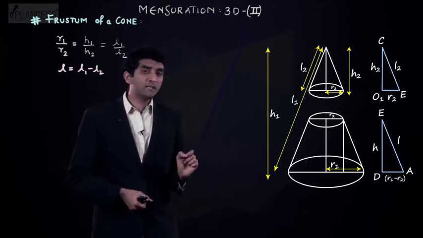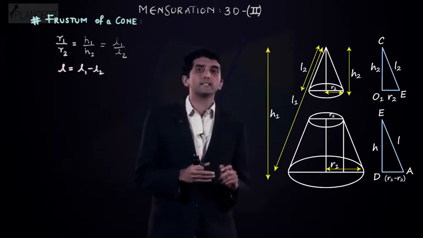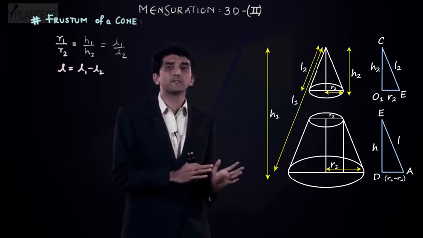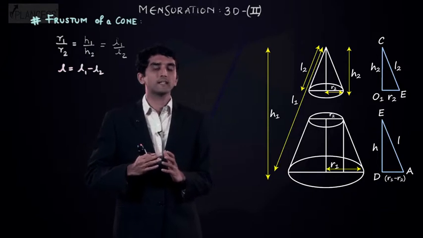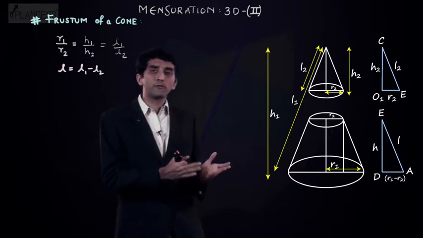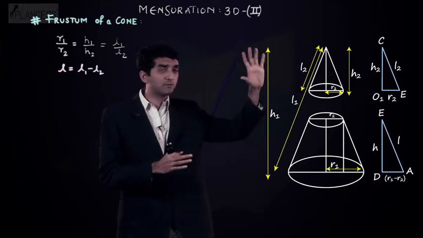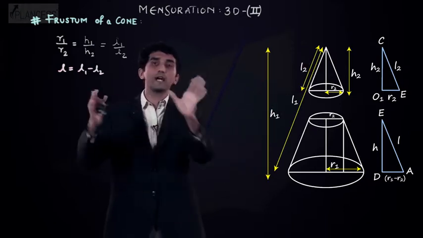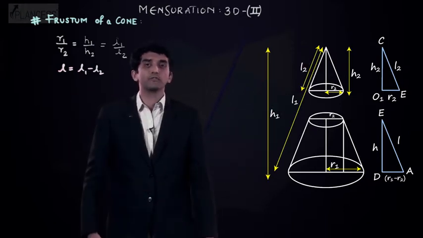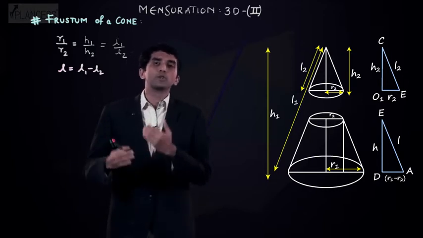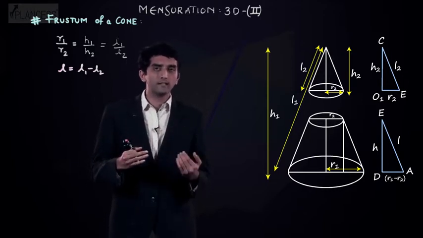One more very important thing is the volume and the surface area, which is what we are basically targeting. I am going to give you the formula for both of these directly first about the frustum. Now let's forget about the cone at the top, because we have already derived the results which we are going to utilize to prove the volume and the surface area.